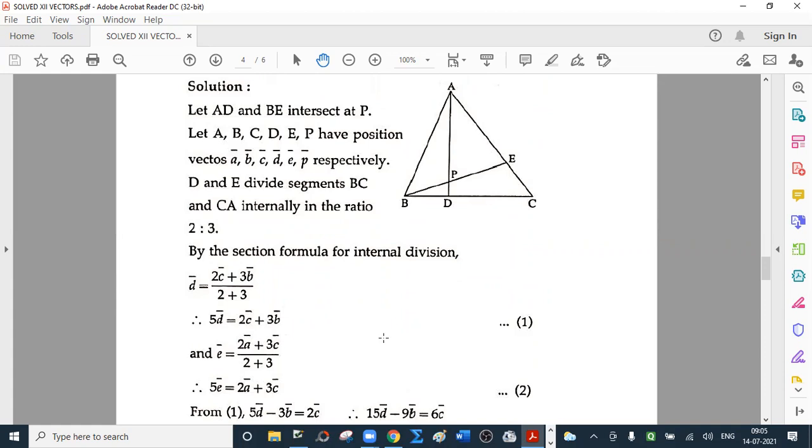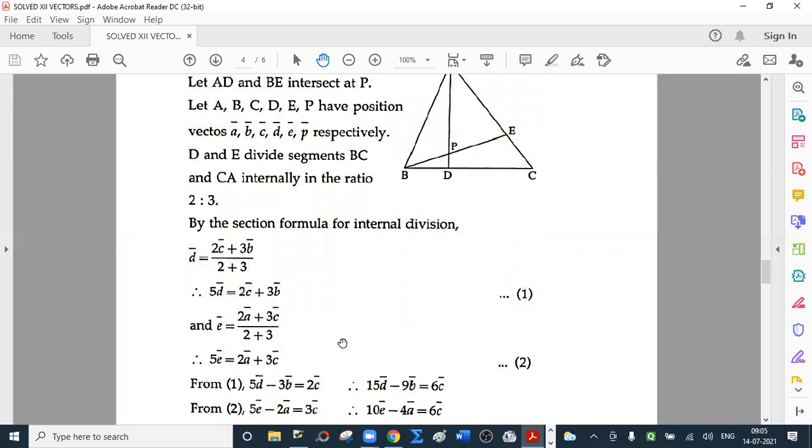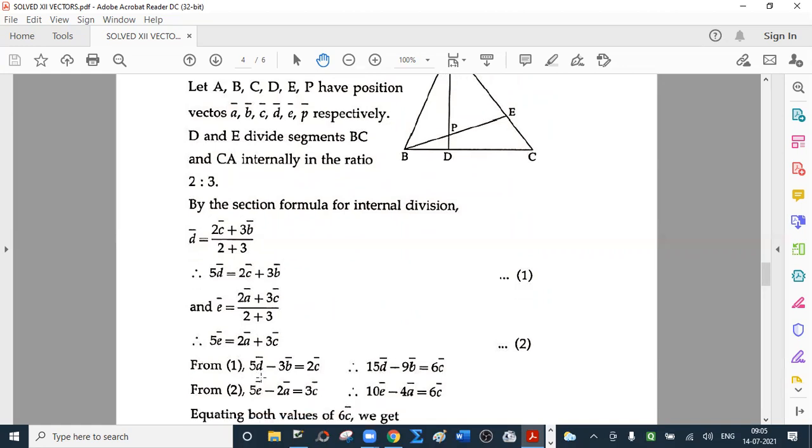Now from 1, can I say 5D bar minus 3B bar equals 2C bar? Now note that in the second equation it is 3C bar, in the first it is 2C bar. So I have multiplied throughout by 3. 3 is a scalar.